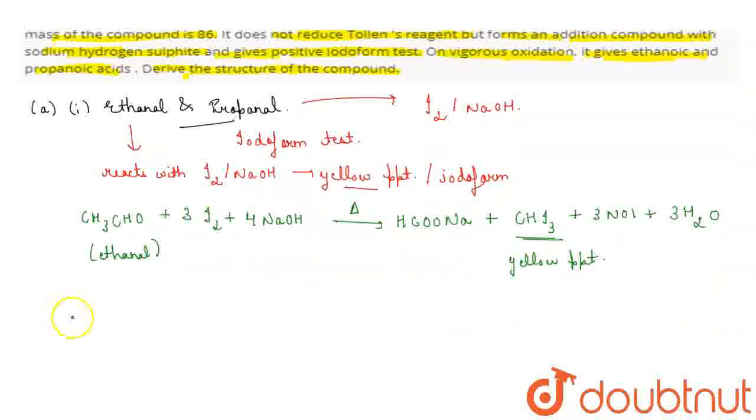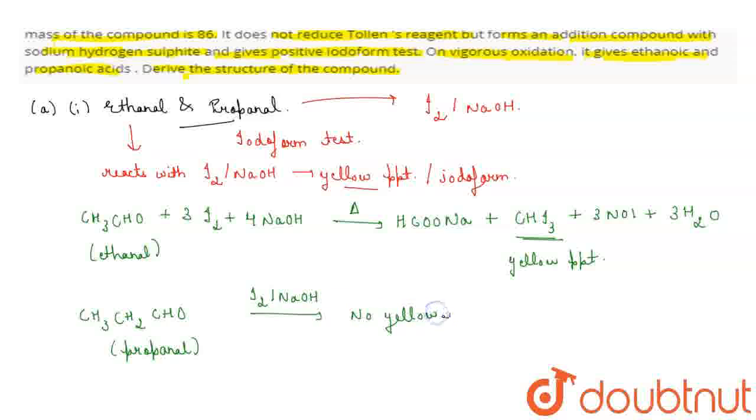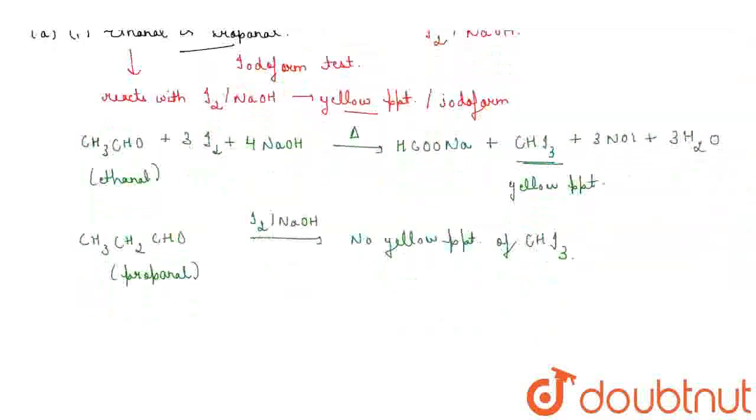Now moving to propanal. When propanal reacts with I2 and NaOH, it does not produce any yellow precipitate of CHI3. Clear?